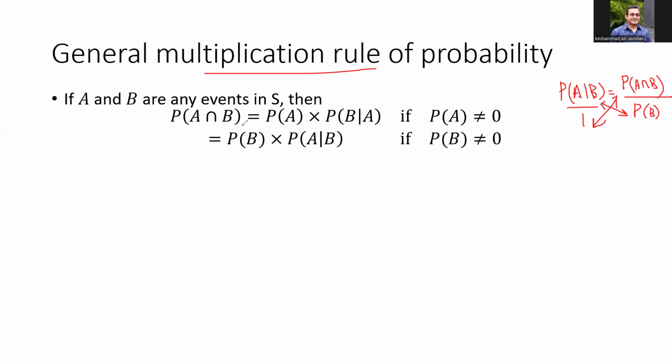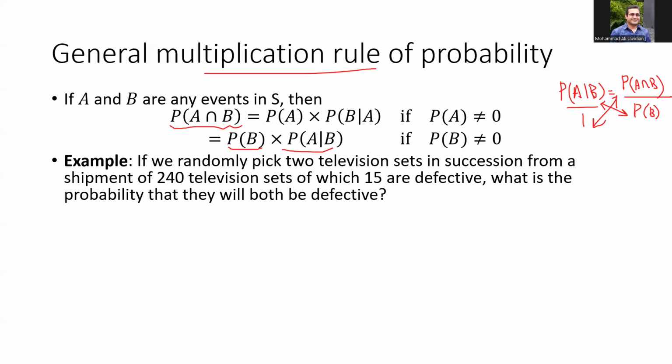So P of A intersection with B equals P of A times P of B given A, or P of B times P of A given B. Both cases are possible. Let me solve a simple example to show how to use the general multiplication rule.